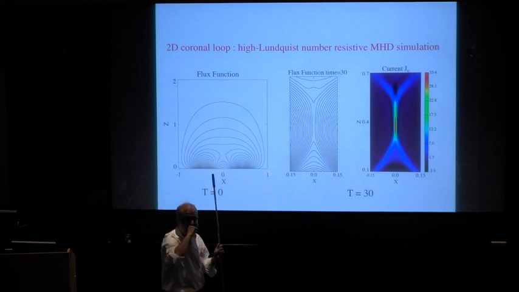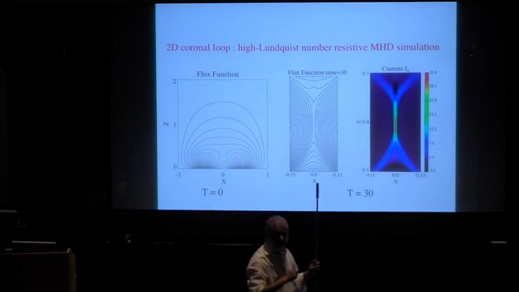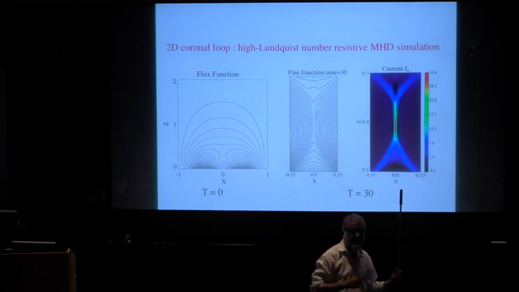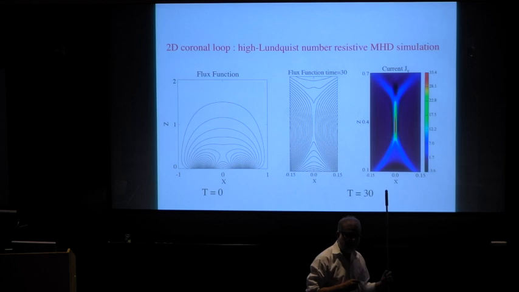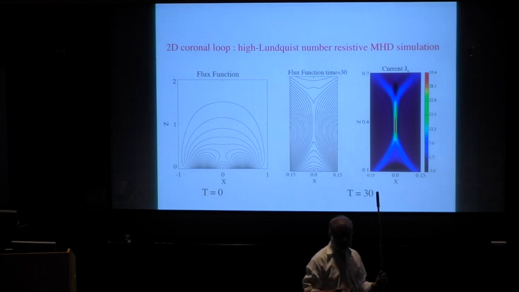Question? If you were to allow for slow reconnection and allow for X point formation through external means somehow, how does the energy dissipation change for different angles at which reconnection happens? The dissipation, as you know, if you calculate it using MHD equations, goes like eta j square, E dot j, roughly, right?